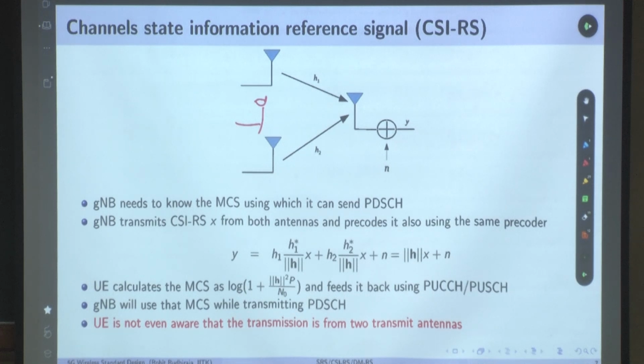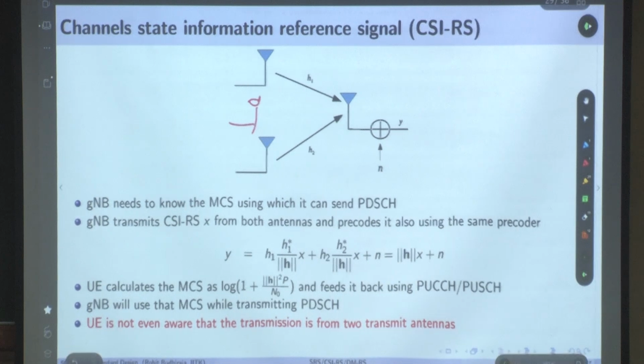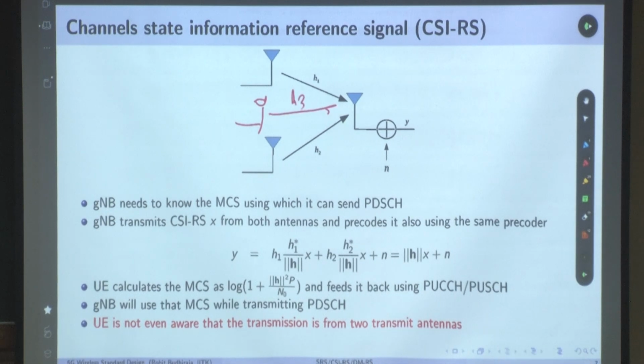What will I transmit from, let us say I call this the third antenna, with channel H3? What will I transmit from here? H3 star by norm of H, and let us say I define H as H1, H2, H3 in this case. The user does not know how many antennas the base station has used to transmit this signal.